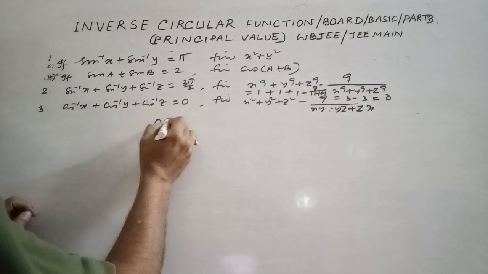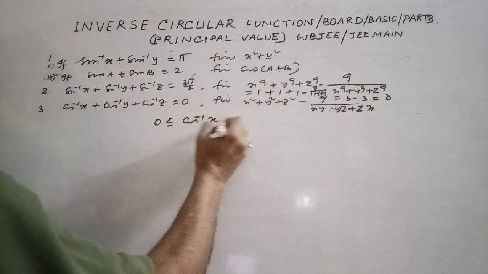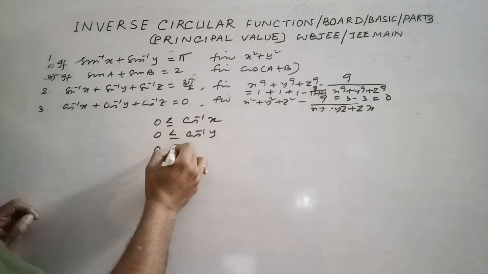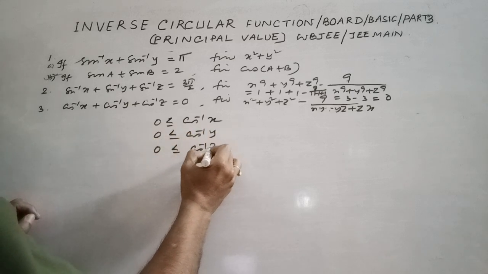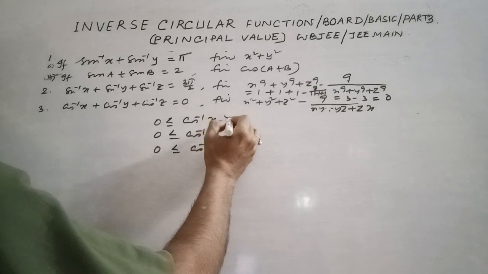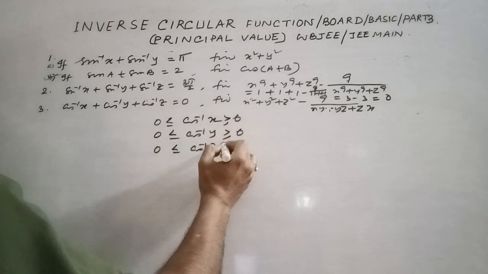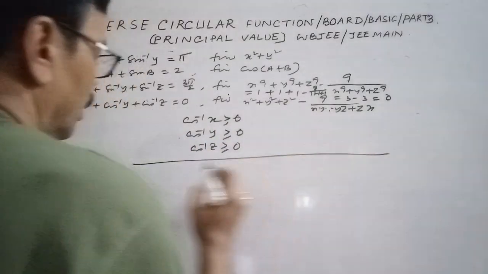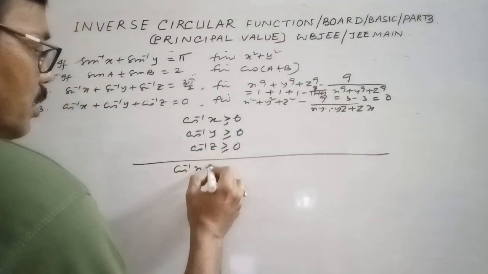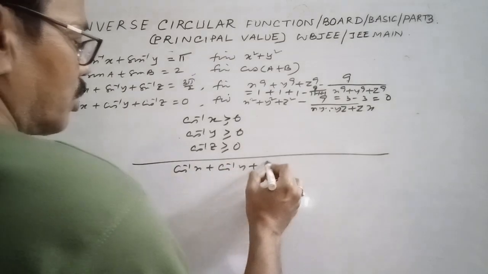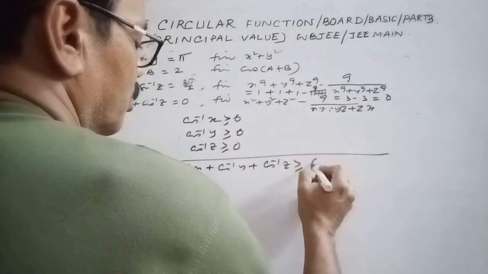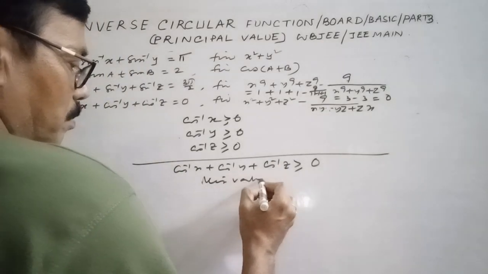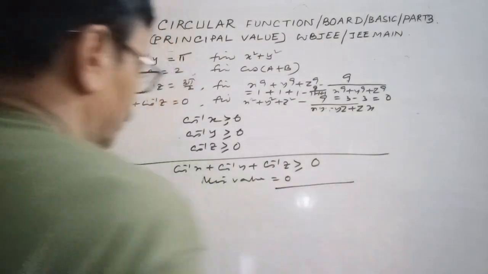But you know 0 is less than or equal to cos inverse x, 0 is less than or equal to cos inverse y, 0 is less than or equal to cos inverse z. So cos inverse x plus cos inverse y plus cos inverse z is greater than or equal to 0. That is the minimum value. The minimum value equals 0.